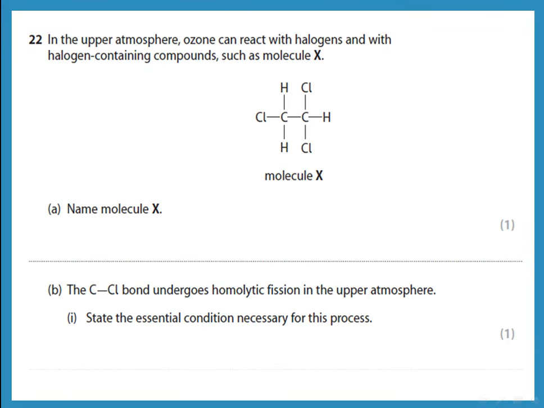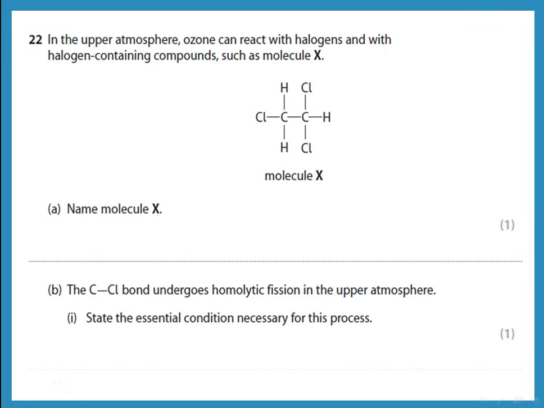In the upper atmosphere, ozone can react with halogens and with halogen-containing compounds such as molecule X. Now, name molecule X. How am I going to name this? Remember, how many carbons does it have first? It has 2. So this is something ending with ethane. Because we have a single bond, that's an alkane.